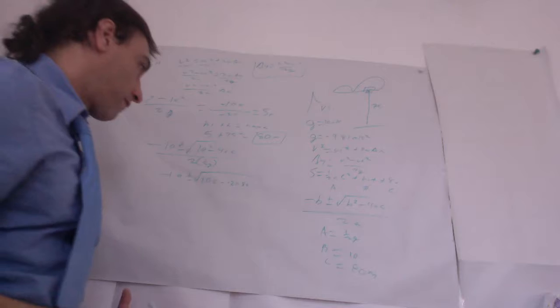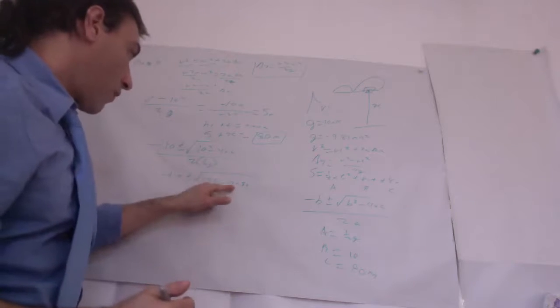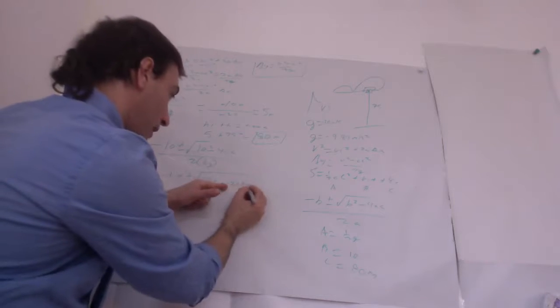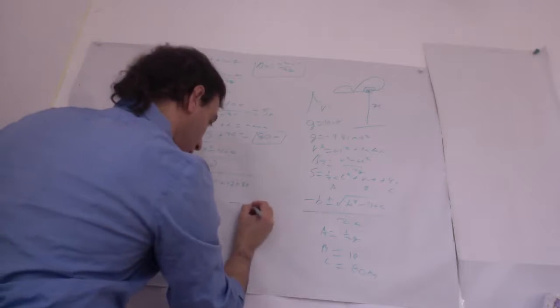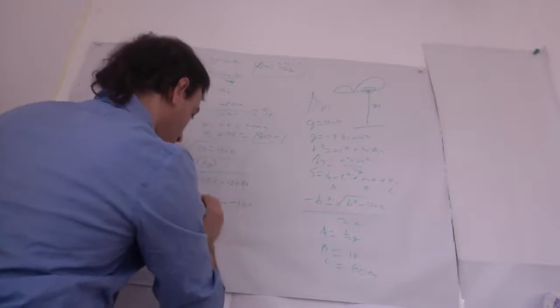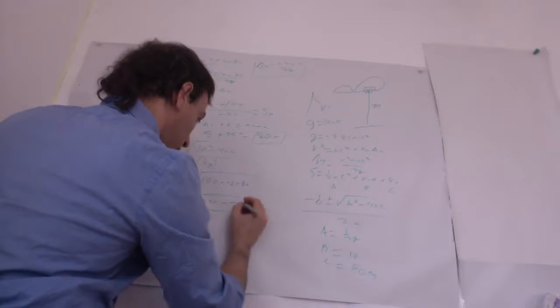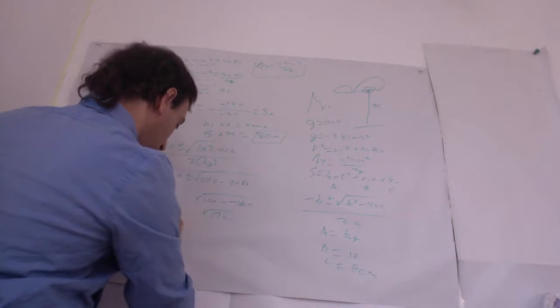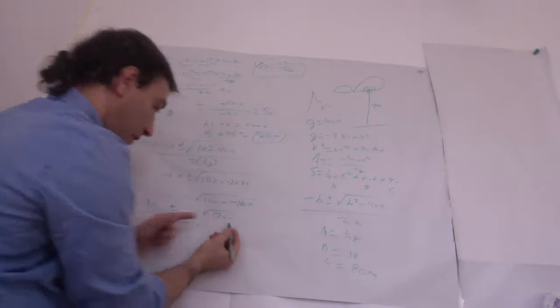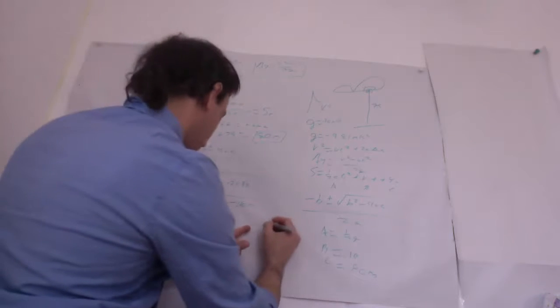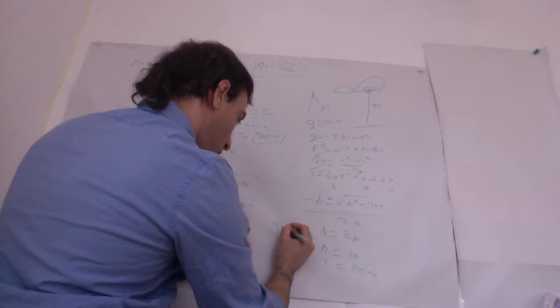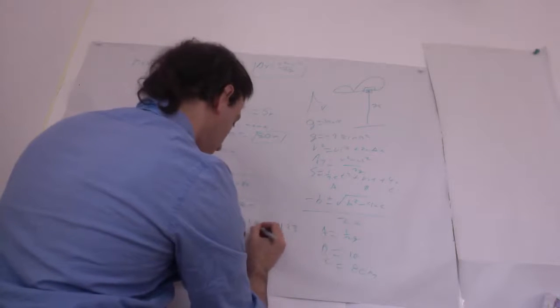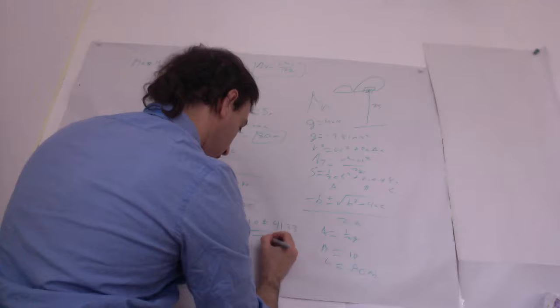So when we work out 4ac with 20 and 80, that's negative 1600, minus the 100, which gets you 1700, all over negative 10. The square root of 1700 is going to be 41.23, so negative 10 plus or minus 41.23, over negative 10.